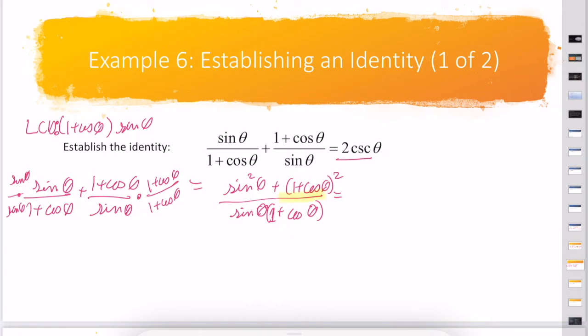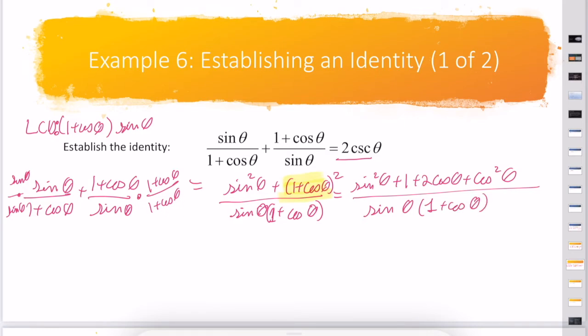We're going to FOIL out our cosine. So I'm going to take sine squared of theta plus 1 plus 2 cosine theta plus cosine squared theta, all over, just sine of theta times 1 plus cosine of theta.